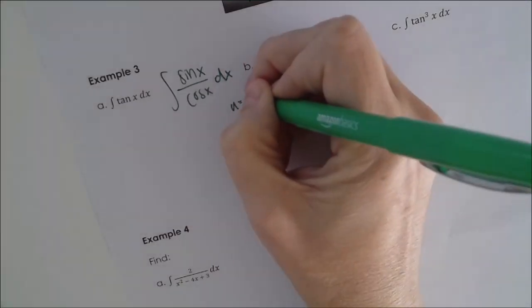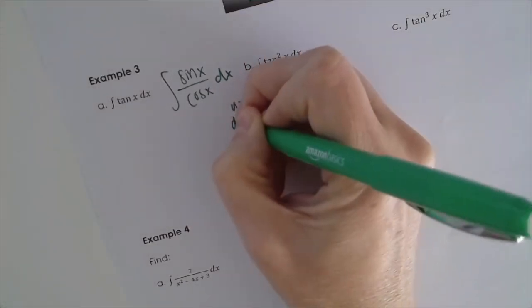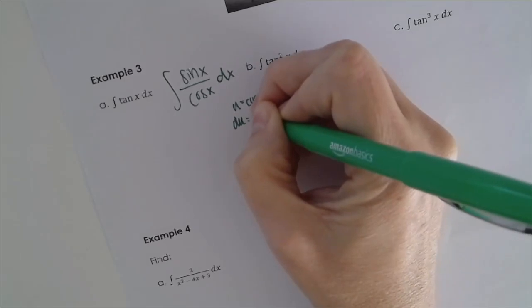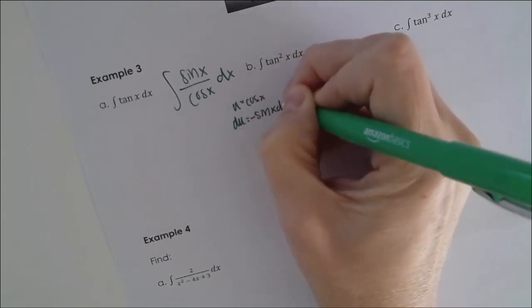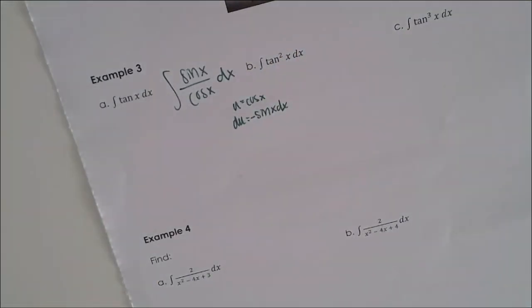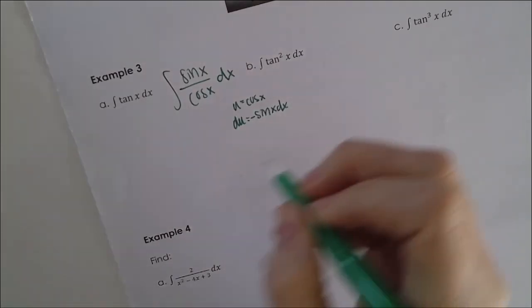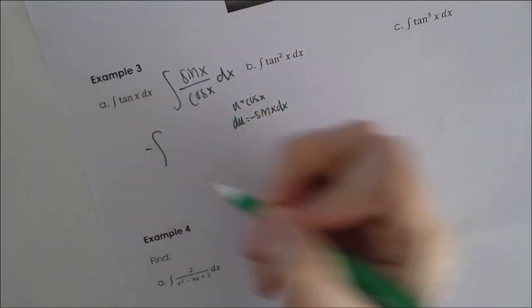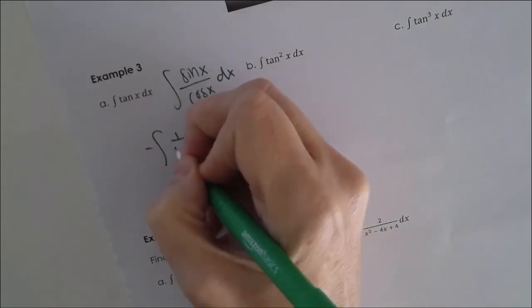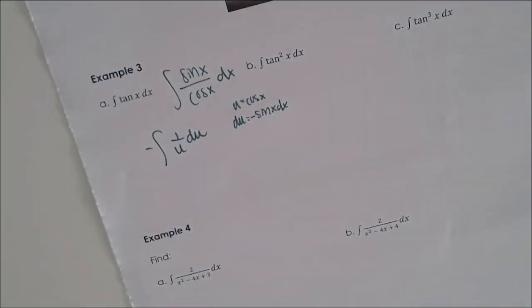So my u would be cosine of x, which means du is going to be negative sine x dx. Now if I do substitution, we end up with negative integral of 1 over u du.